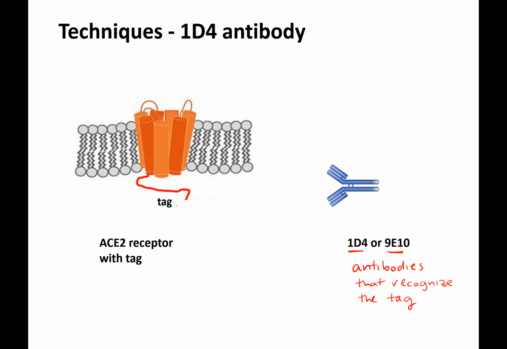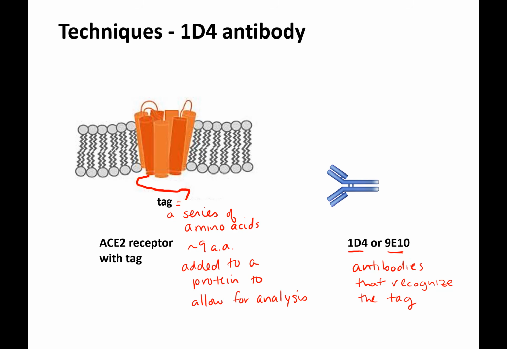And the tag is just a series of amino acids, a lot of times around 9 or so, that are added to a protein to allow for analysis. So this is totally artificial.